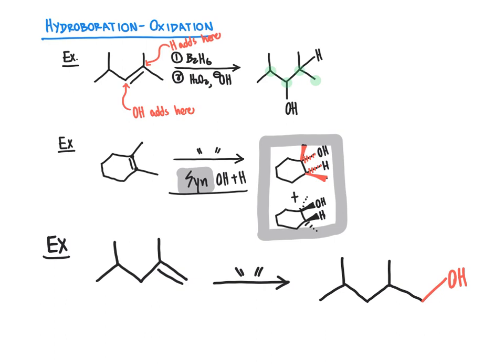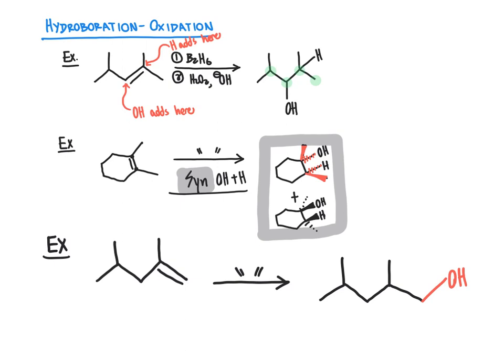So now, at this point, does this molecule have any newly created chiral centers? The answer is yes, it does. Carbon number 2 of the chain, that's this carbon right here, is a chiral center. Since this molecule is not cyclic, we expect that chiral center to be a mixture of the R and the S enantiomers.